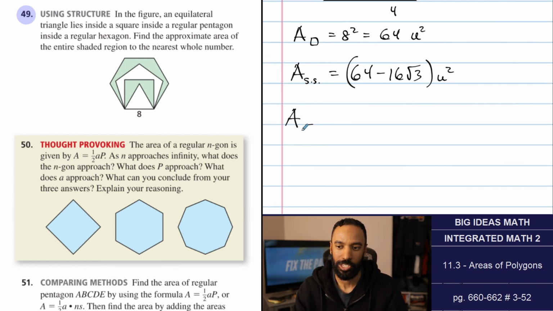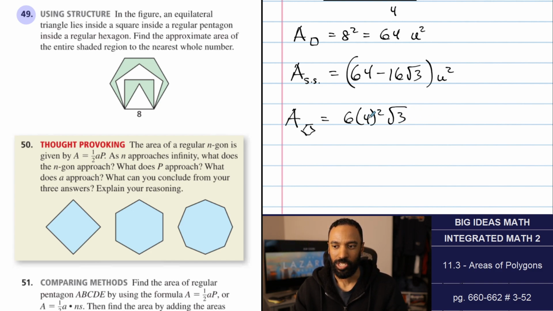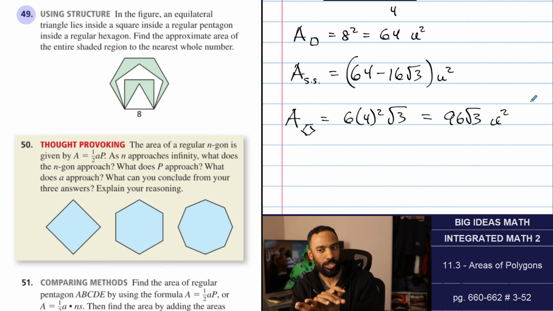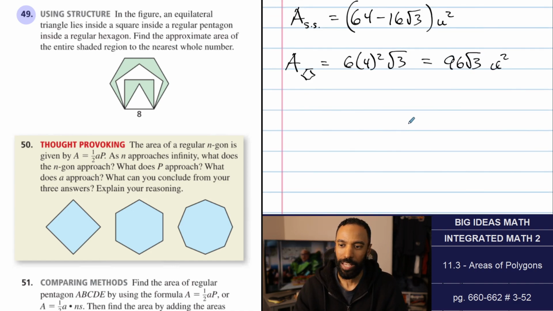Area of the hexagon is 6 times x squared root 3. That's 6 times 16, which is 96. So 96 root 3 square units. I'm going to trust that what I got for my formula I can use. Perfect. As far as the pentagon goes, we have a little more trig work to do.